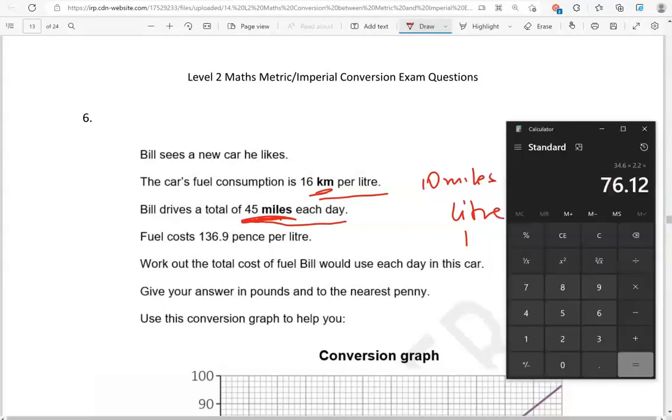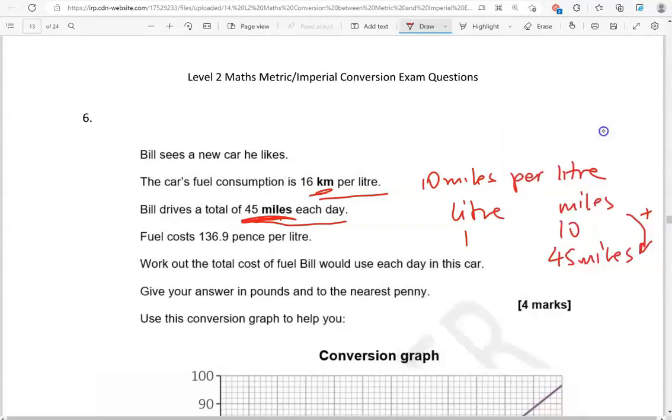So it's the same as saying 45 divided by 10, which you should know is 4.5. So we'll do the same here. So 1 times 4.5 is 4.5 litres. So that is how many litres he will need each day.